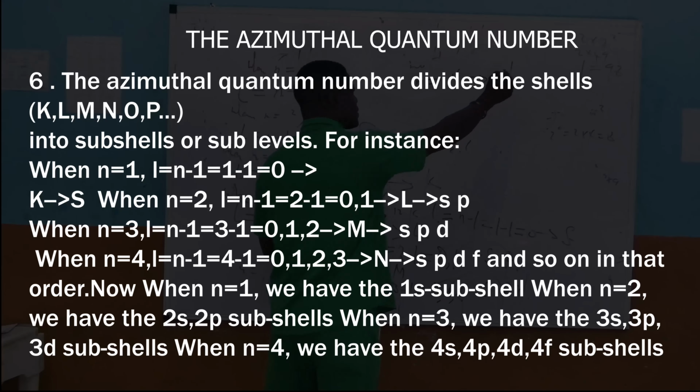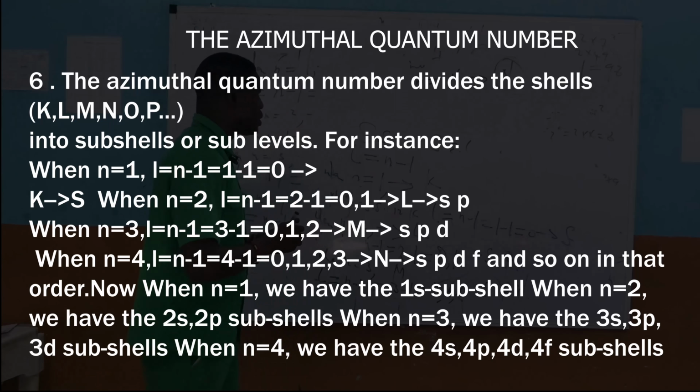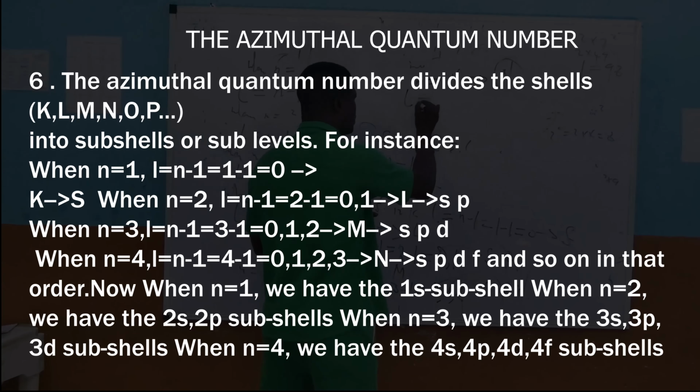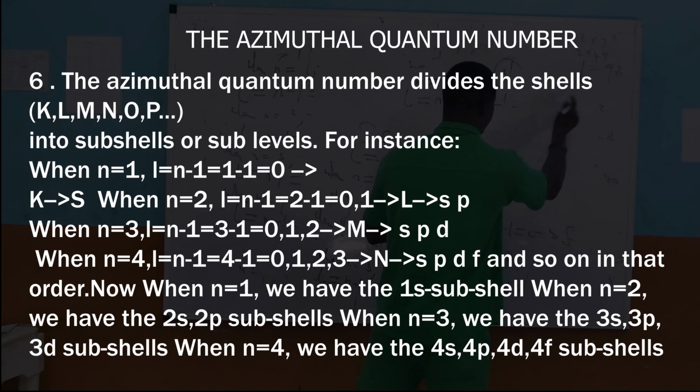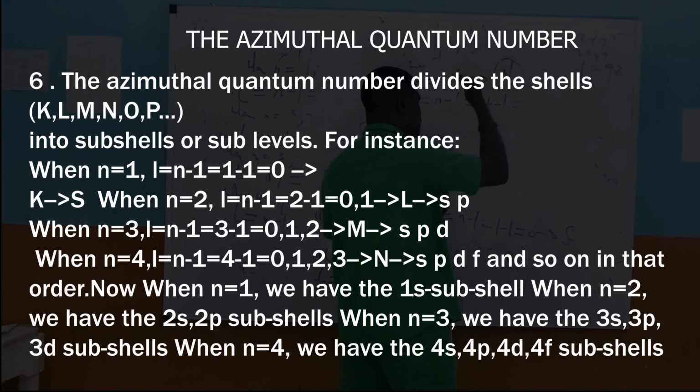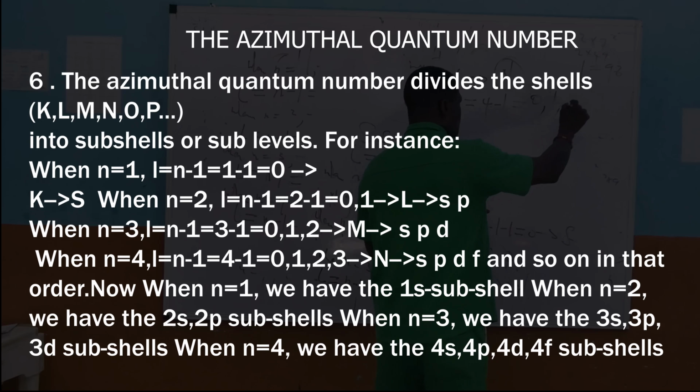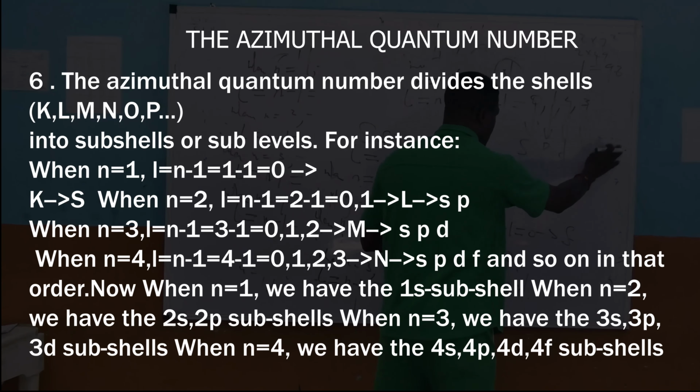How many subshells do we have inside of the N shell? It can be computed using the formula l equals n minus 1, which is 4 minus 1, giving 3. So the possible values will be 0, 1, 2, and 3, where 0 corresponds with the s subshell, 1 is for the p subshell, 2 is the d subshell, and 3 is denoted with the f subshell.